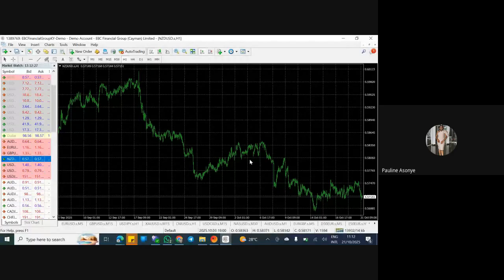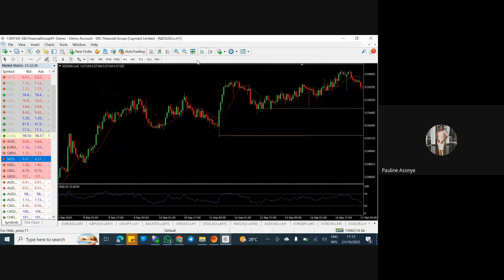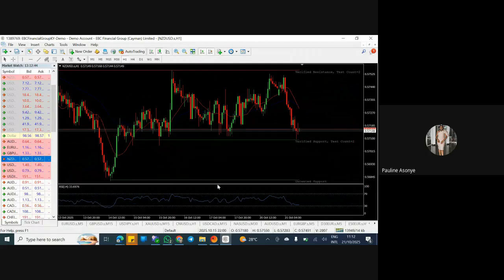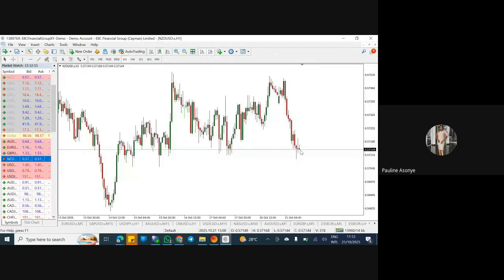This is how it opens by default. But because I have my template saved here, if you have a laptop and you want a template, you can see all these things are templates. One is my name, because I don't like a white screen because of my eyes. I prefer a black screen, so this is how my own chart comes out. If I want to give you a normal screen, I just click on candlestick, and this is a plain chart with no indicator whatsoever.